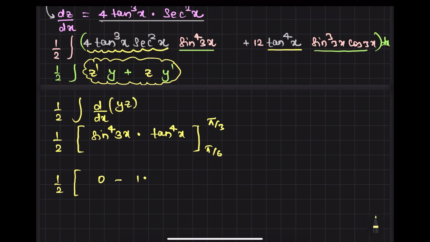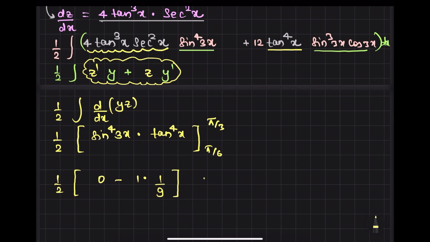And then tan 30. Tan 30 is what? 1 by root 3. And 1 by root 3 power 4 will become what? 1 by 9. Right? Root 3 square will become 3 and 3 square will become 9.